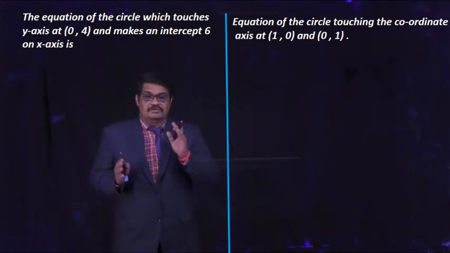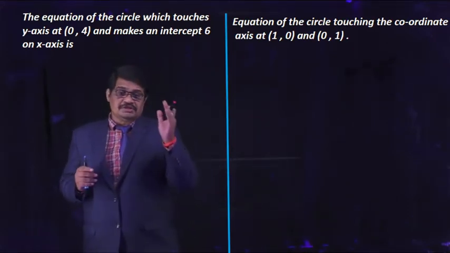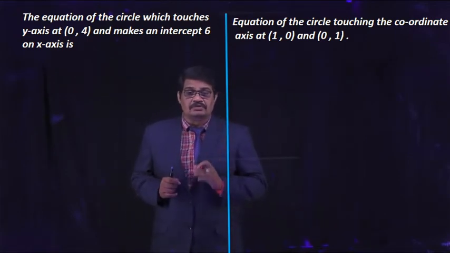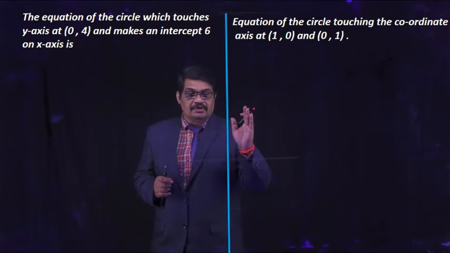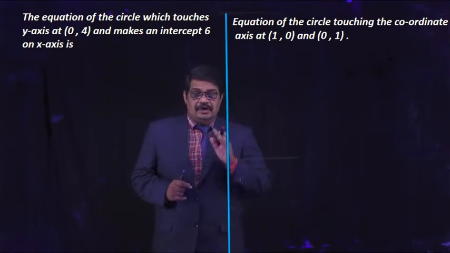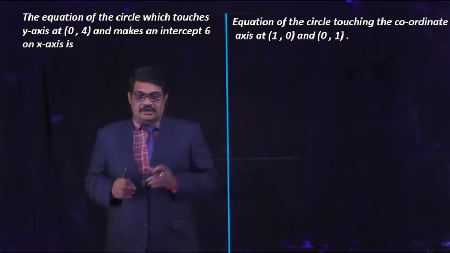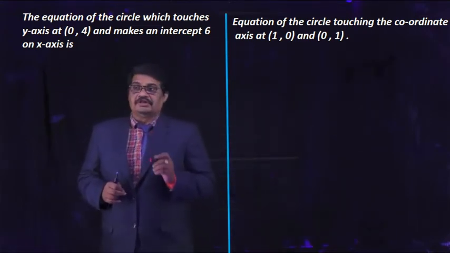The equation of the circle which touches the y-axis at the point (0, 4) and makes an intercept of 6 units on the x-axis. Now we have to find the equation of the circle. Look at the diagram.